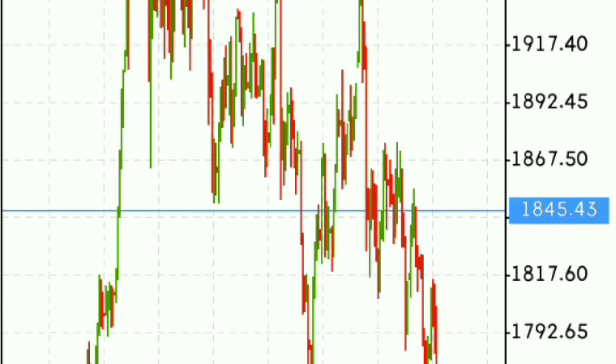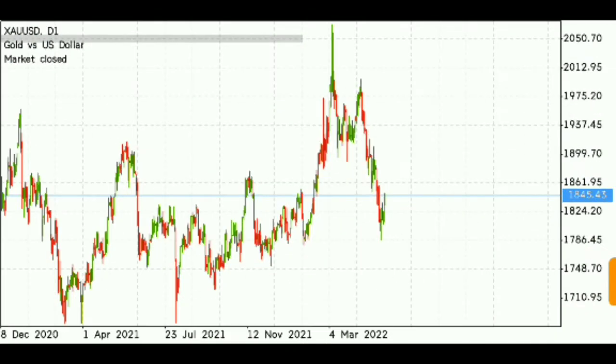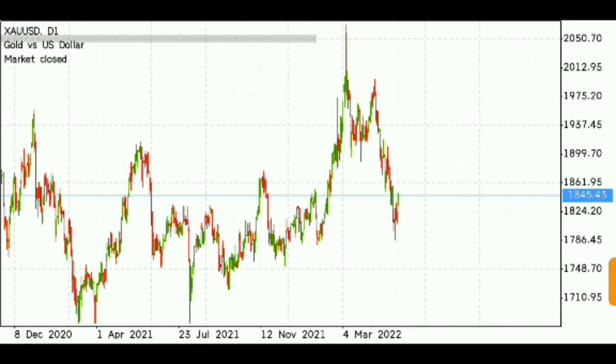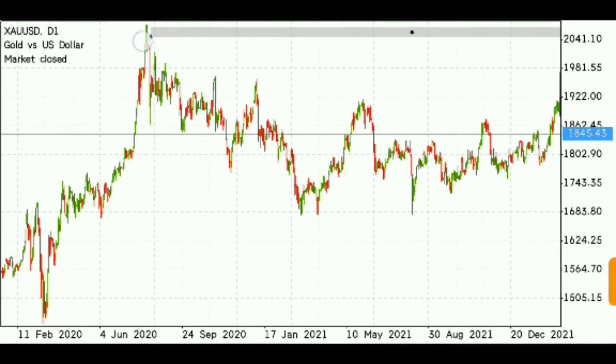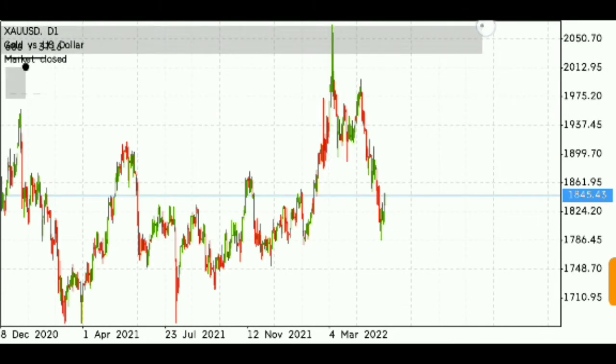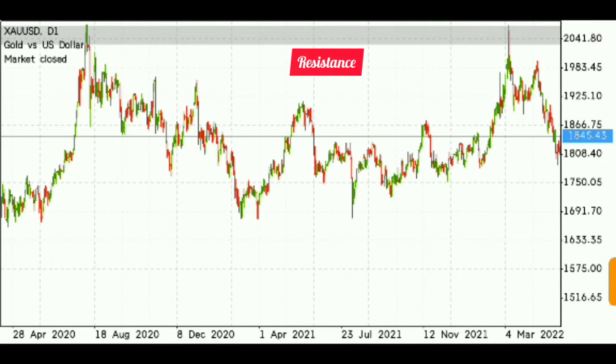Okay, I think I'm done. Yeah, you can use this one right here because it's actually a zone. That's the reason why I'm using it. It's not supposed to be just a point. It's supposed to be a zone. That's why I would call it resistance and support zone.